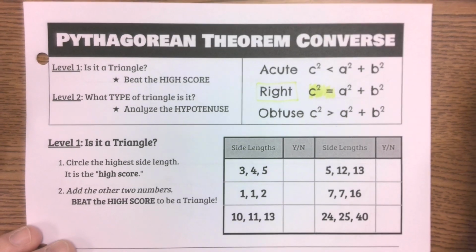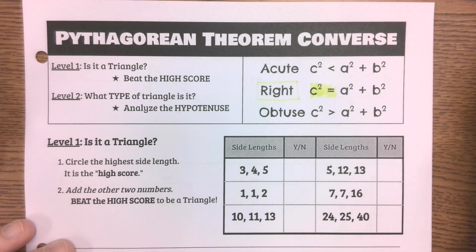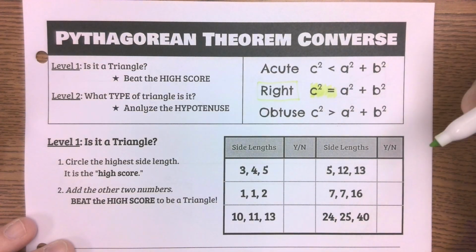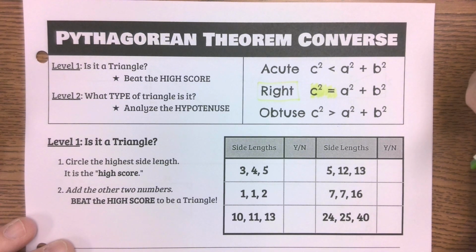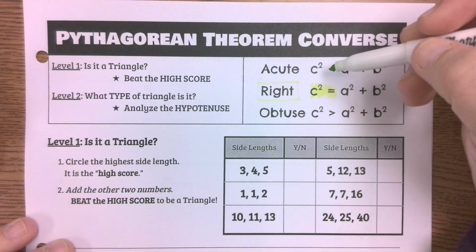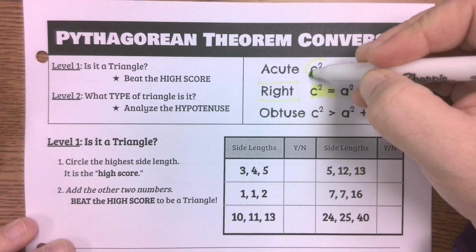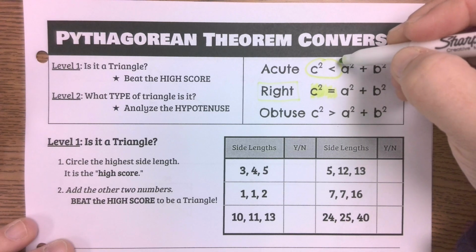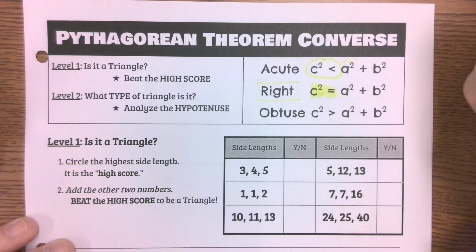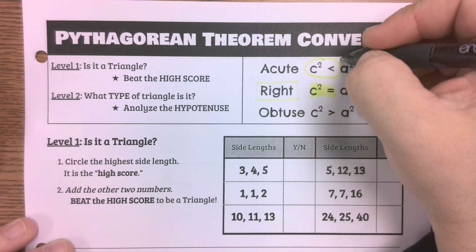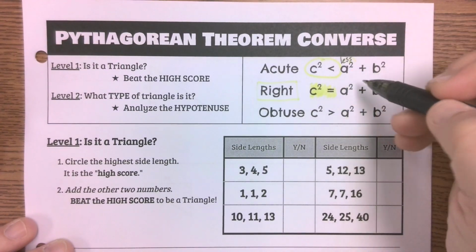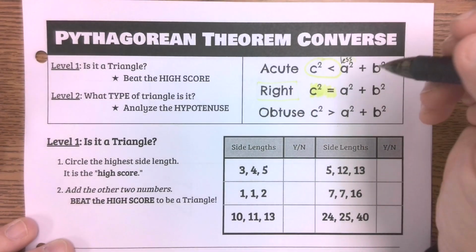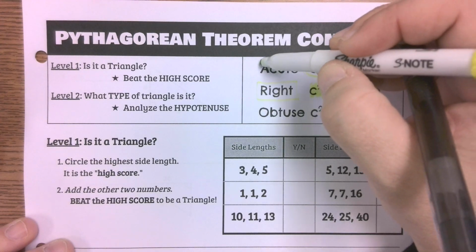There are also some helpful things that help us categorize triangles using the Pythagorean theorem. What if it's not equal to a squared plus b squared? Well, we know it's not a right triangle, but can we tell anything about it? And the answer is yes. If the hypotenuse squared, if c squared is less, lower, than a squared plus b squared, then we know it has to be an acute triangle.